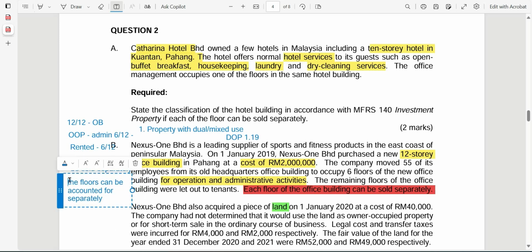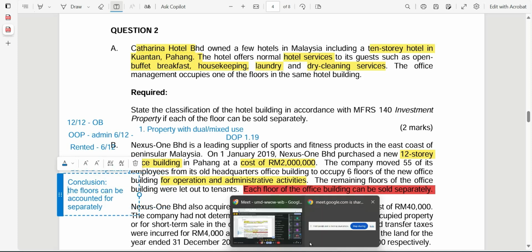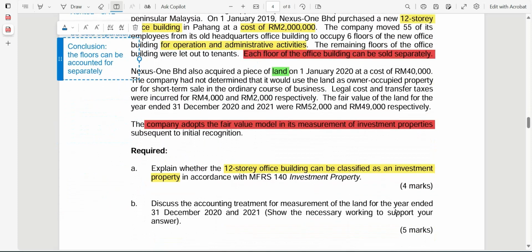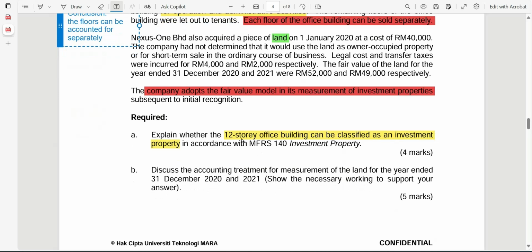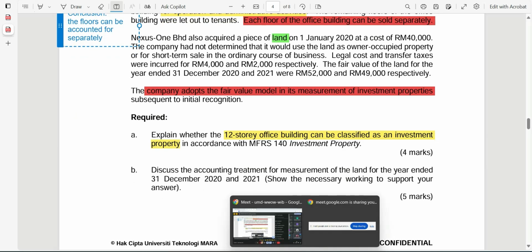So number 3 is your conclusion, your judgment. Let's look into that in our answer for the first one, because you are asked to explain the accounting treatment for the 12-story building.